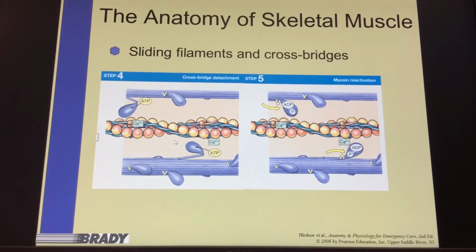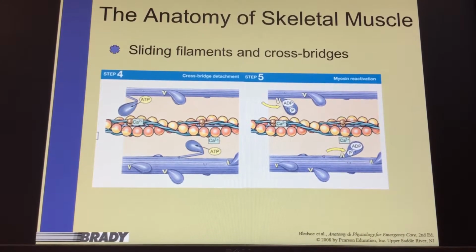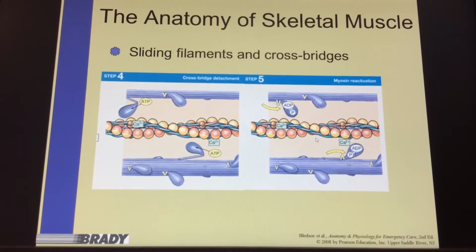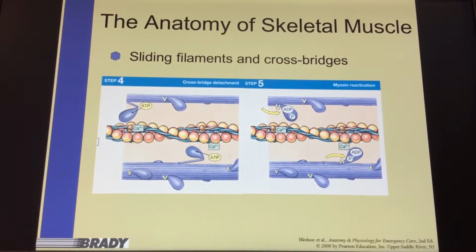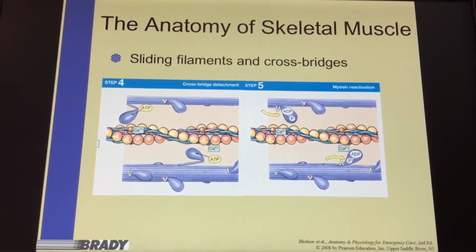And here's the next phase. Now it's contracted, it's moved along. We've basically used up our ATP, and it releases the head and the area relaxes. So this is where we use energy to cause this motion of the muscles and that sliding. When we lose that energy, it releases, and the muscle slides back to the way it was.